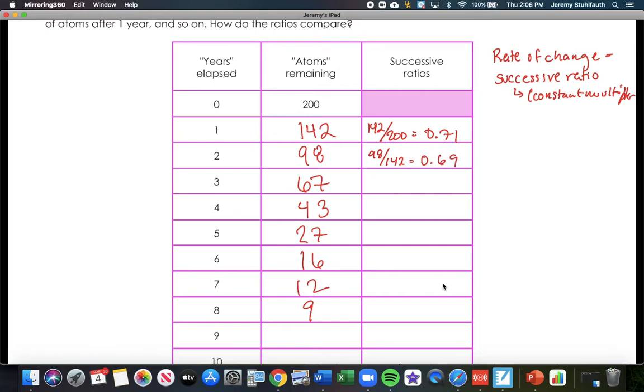And then you have 67 divided by 98, that would be 0.68. 43 divided by 67, that would be 0.64. Then you have 27 divided by 43, and I'm rounding these, that'd be 0.63. And then we have 16 divided by 27, that'd be 0.59, then 0.75, and 0.75.